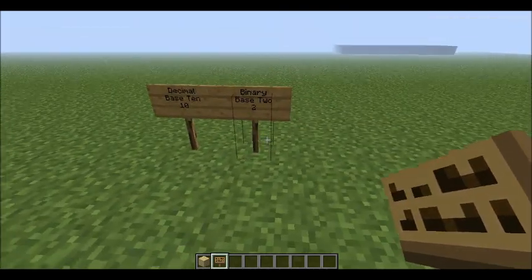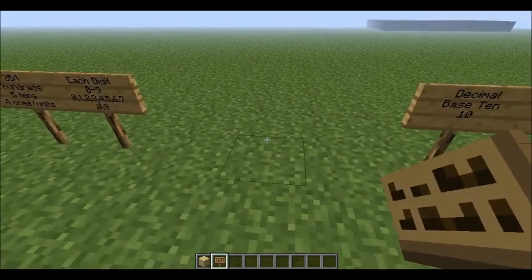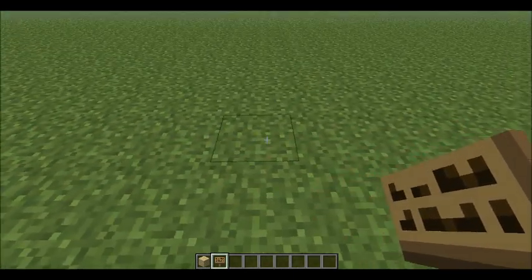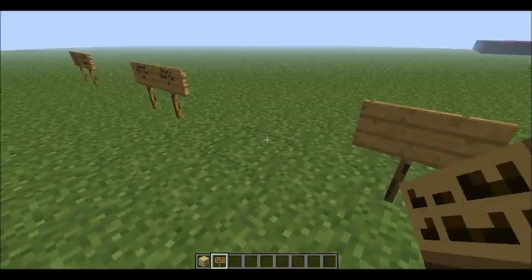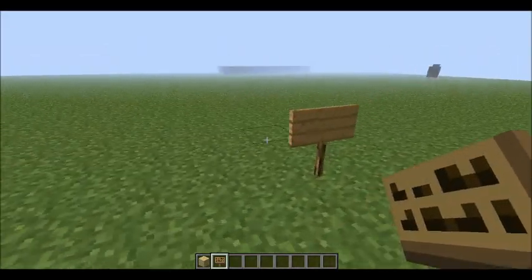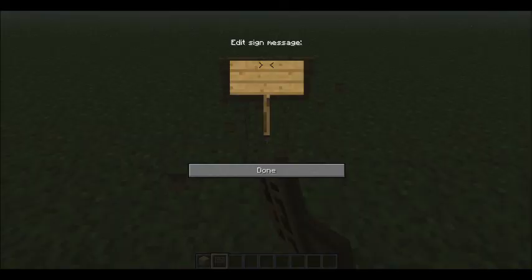Now the way binary works is because it's base 2. If we go over to this side, we'll try and do the same thing. So let's choose a number in binary. I'm going to choose 101. If this were decimal, it would be 1 hundred, 0 tens and 1 unit.